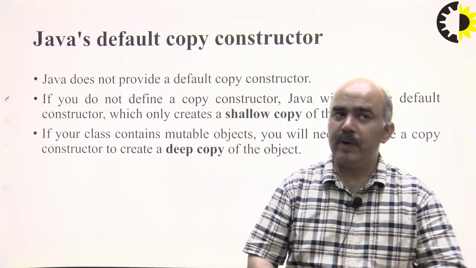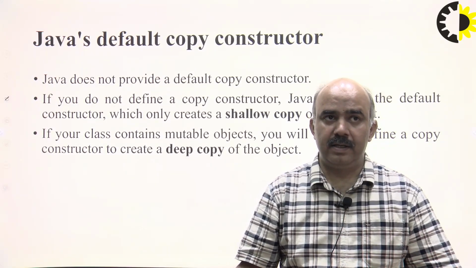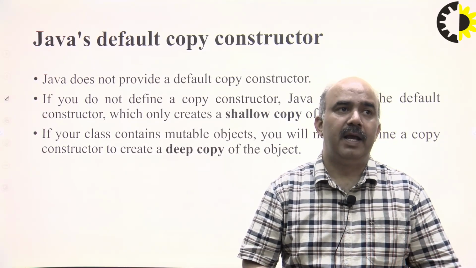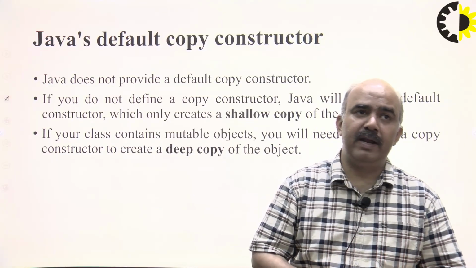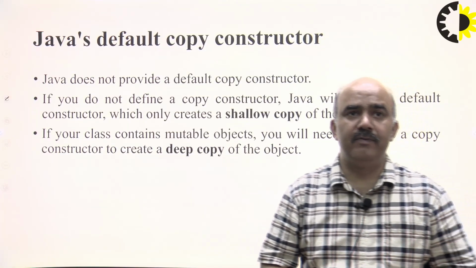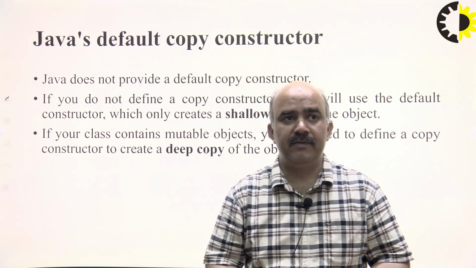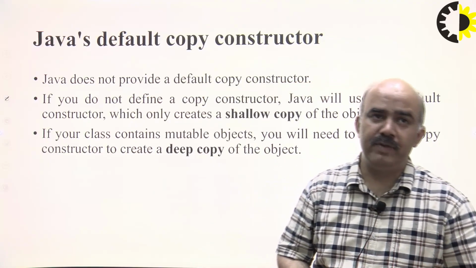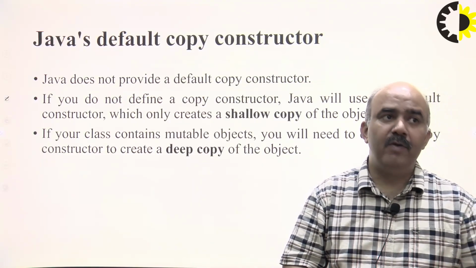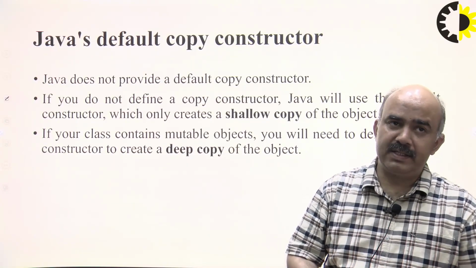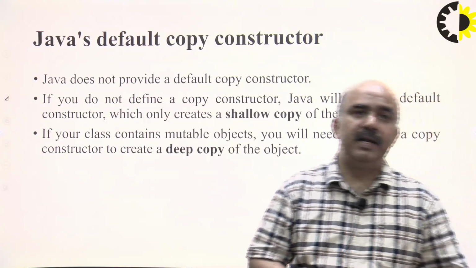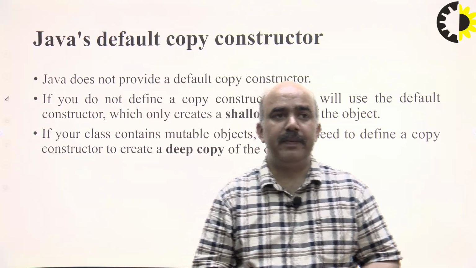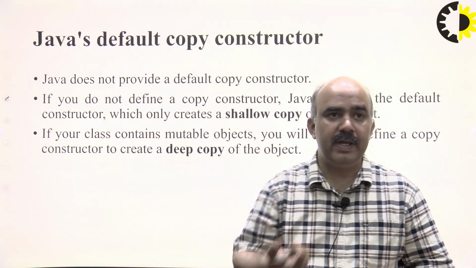Java does not provide any default copy constructor. If you do not define one, Java will only create a shallow copy of the object. If your class contains mutable objects, you will need to define a copy constructor to create a deep copy of the object.